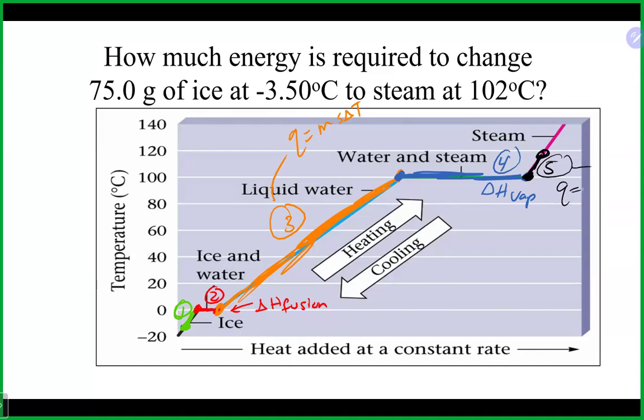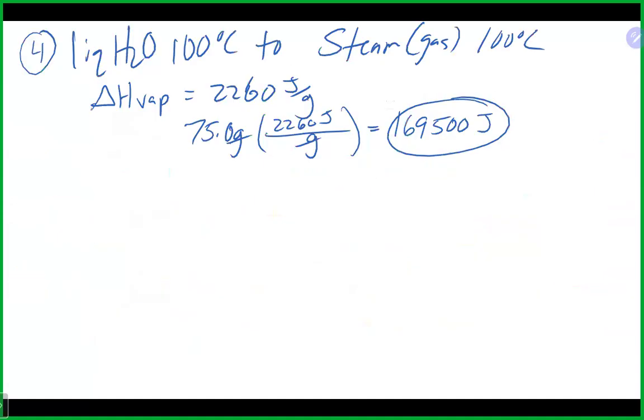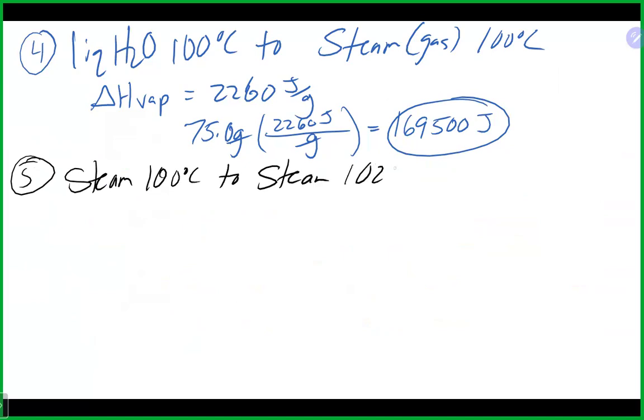So we're going to use our Q equals m s delta T. Step number 5, steam at 100 degrees Celsius to steam at 102 degrees.